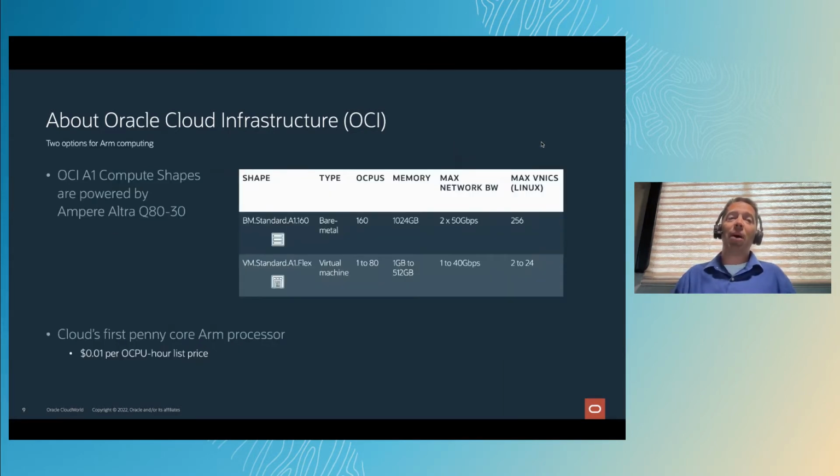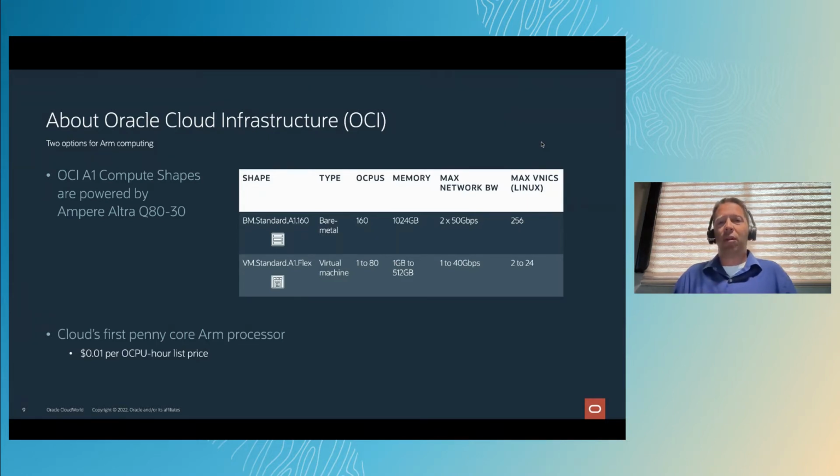Now, when we start talking about our computing, specifically ARM computing, we have two different flavors or options. OCI A1 compute shapes are powered by Ampere Altra. And they come in, again, two different flavors. We have bare metal, and then we have virtual machine. You can see some of the differences here. At the end of the day, scalability is incredible with these platforms.